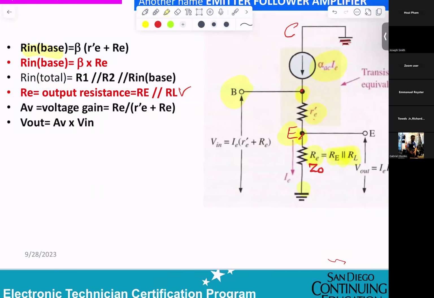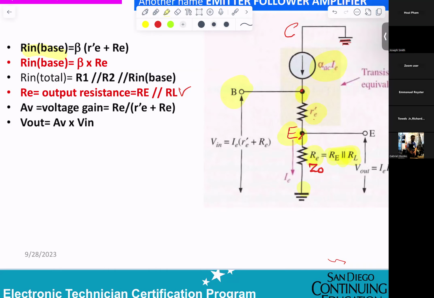R in base means you're looking from the base. So you can get beta times RE. That is R in base. R in total will be R1 parallel R2 parallel R in base.